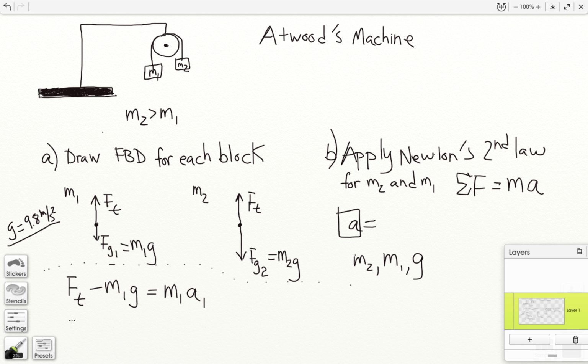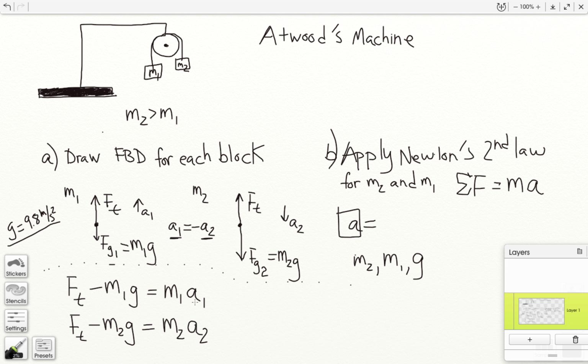For the second block, we also have Ft minus M2g equals, now for the second block, the mass is M2 and the acceleration is a2. Both blocks have the same tension force, and they'll have the same magnitude of acceleration. The only difference is that here the acceleration is upward, and here the block is accelerating downward. So the relationship between the accelerations is that a1 is equal to negative a2.